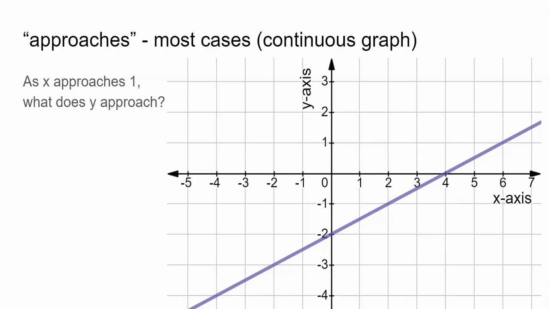As x approaches 1, what does y approach? In terms of the notation we were looking at, we're talking about the limit as x approaches 1 of f of x, which we don't know what the equation is, equals what? That's what the what part is. So let's take a look at our graph. I said we need to look at where x is equal to 1. That's probably around right here.